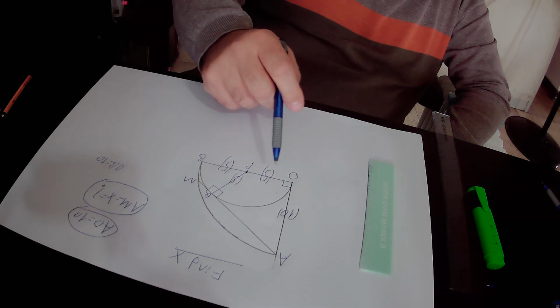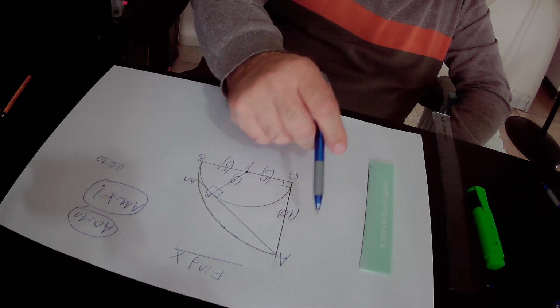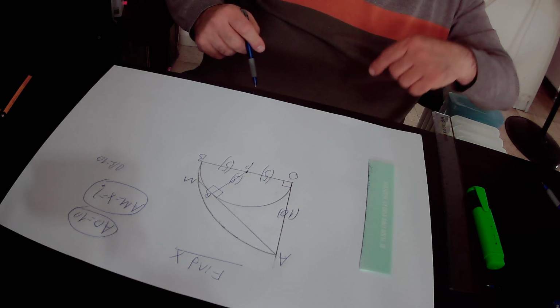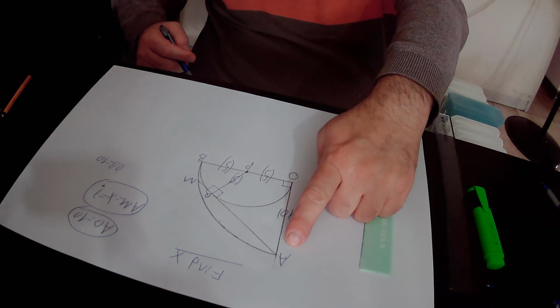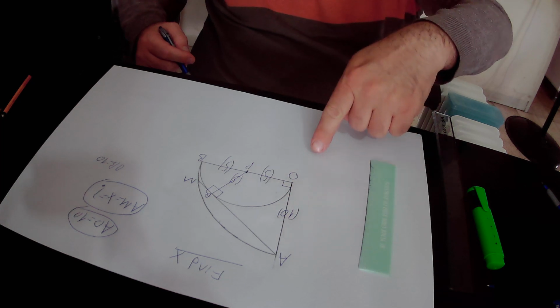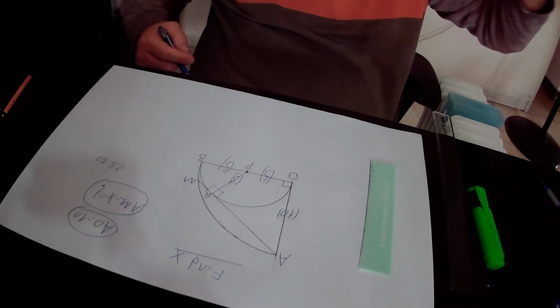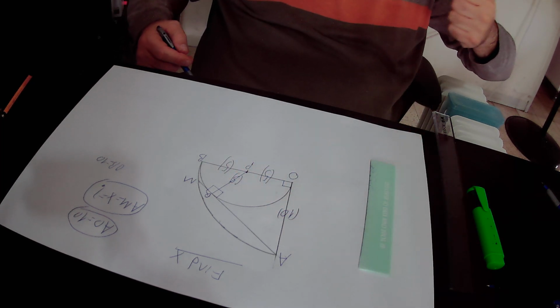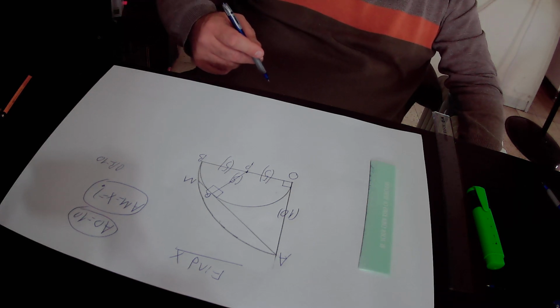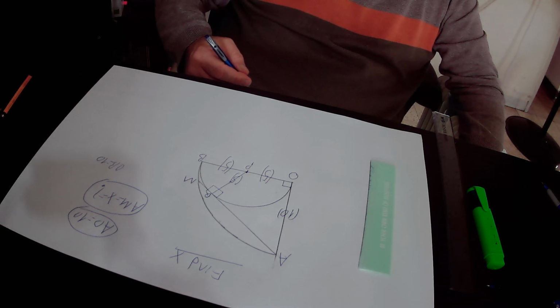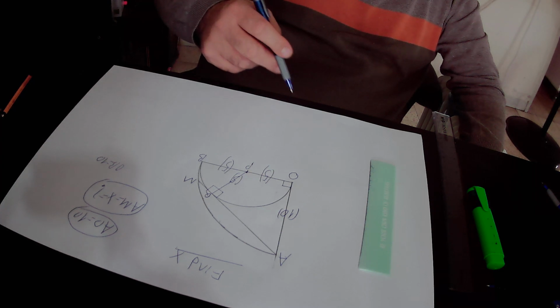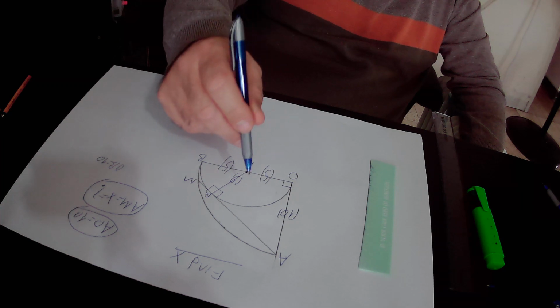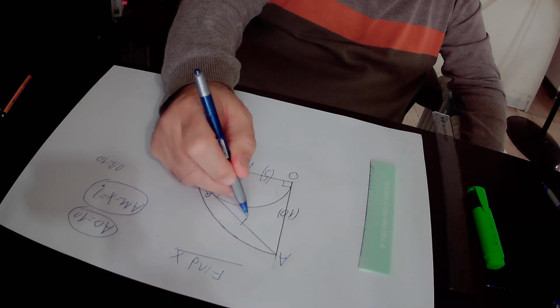From the external point A, we have two tangents to this semicircle, tangent AO and tangent AQ. And according to rule number 2, they must be equal to each other. But AO equals 10, therefore AQ must also be equal to 10 because they are equal to each other.